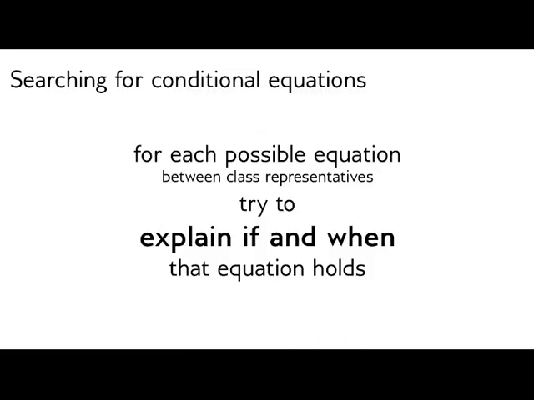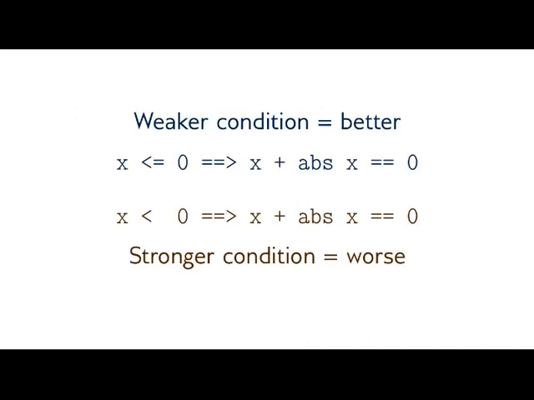So to discover conditional equations, we do what we just did. For each possible equation between class representatives, which we know are different, at least they're not equal in general, we try to explain if and when that equation holds. And one thing I would like to point out is that the weaker the condition, the better, because we want to cover more of the space of values that the property describes.